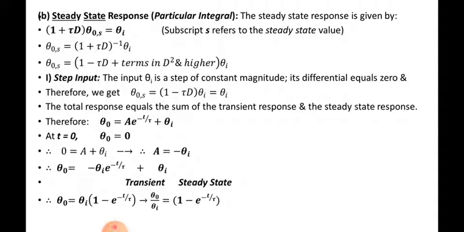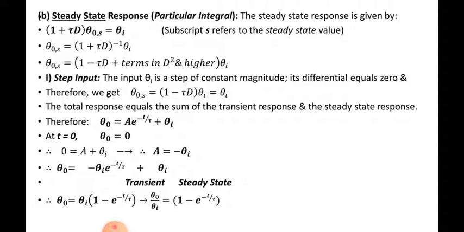Take the first step input: the input theta I is a step of constant magnitude, and its differential is equal to 0. Therefore we get theta 0,s equal to (1 minus tau D) theta I, equal to theta I. The total response equals the sum of the transient response and the steady state response.